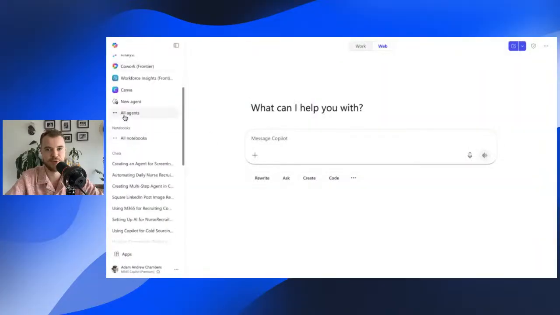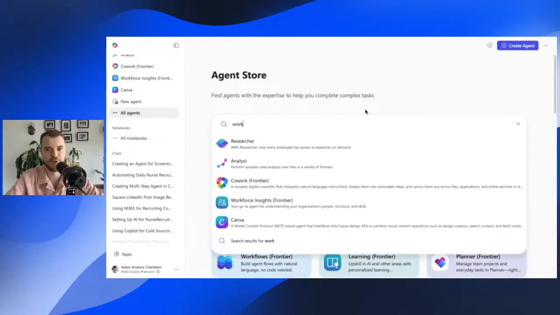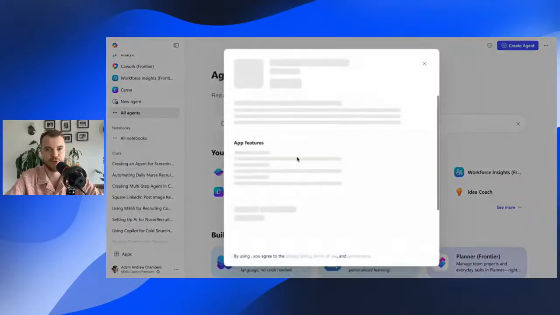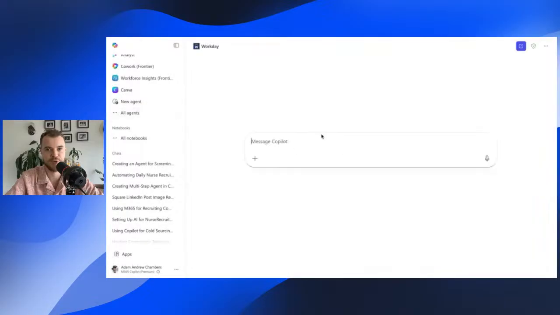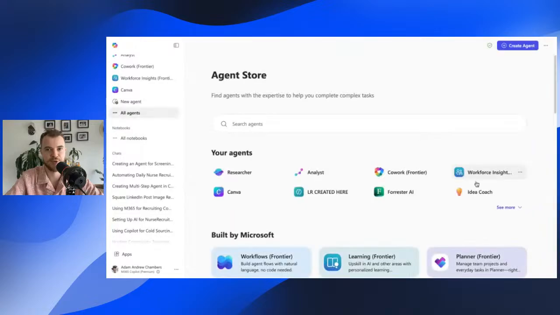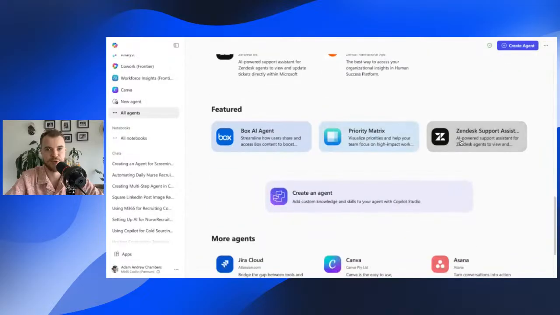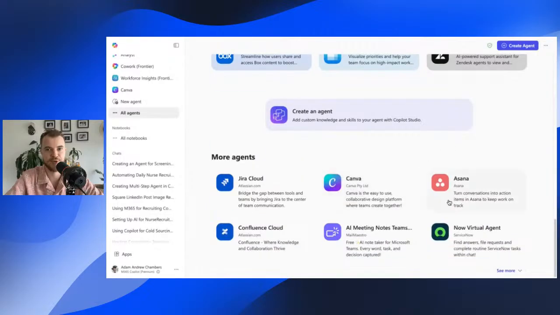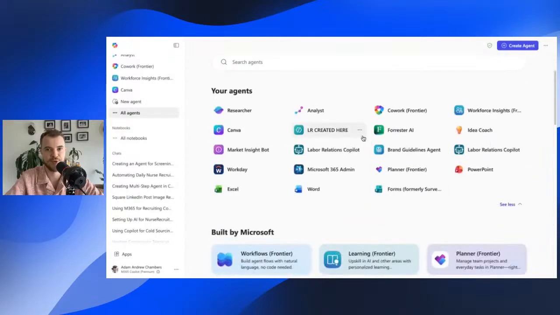If you look here, agents, you can see that I can find Workday, I can add Workday or open it because I've already added it, and then start engaging with my Workday platform. If you come in here and see more agents, there's Zendesk, Canva, Asana. A lot of companies are making their agents these days.